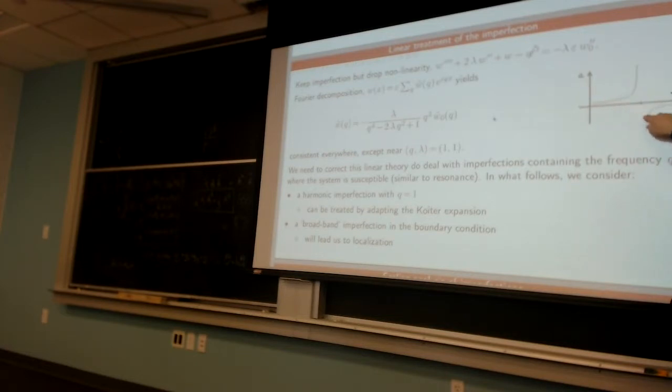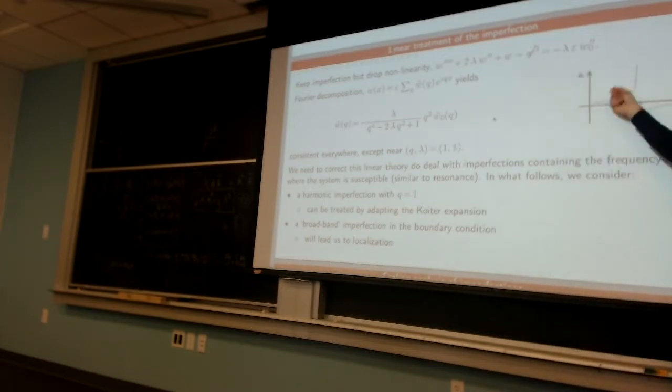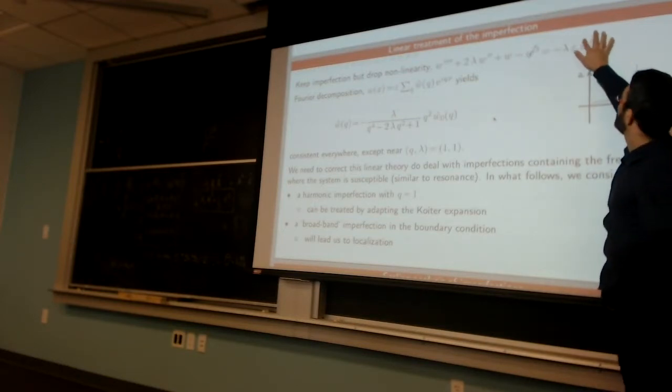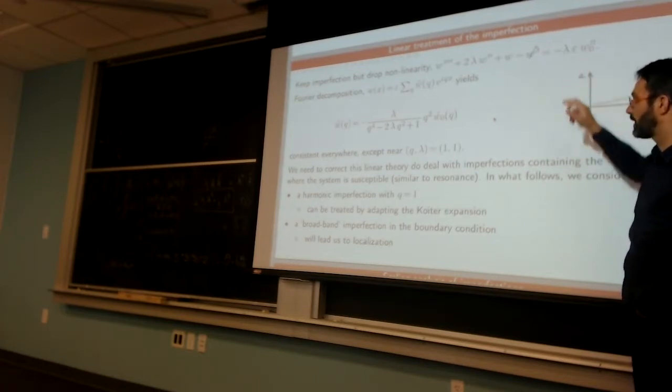So based on this, we would like to start to understand better what's happening here, because it's not acceptable to stay with that divergence. And of course, we've dropped this nonlinear term, which can help fix things here. So I want to give you a heads up of what we're doing now. We can do two things. One thing is that we can focus on the harmonic perturbation. So we just assume that this W0 is a cosine.